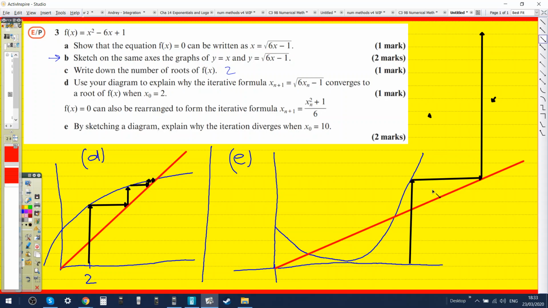Any other questions about that stuff? No, I think I finally understand it. And yeah, it's just a visual way of showing what your calculator is doing. It's taking the previous y and subbing it in to be your new x. Yeah, this is the only question in the book about it.